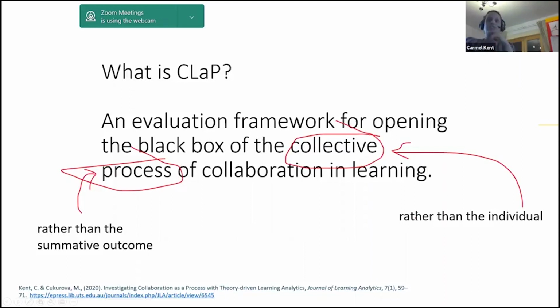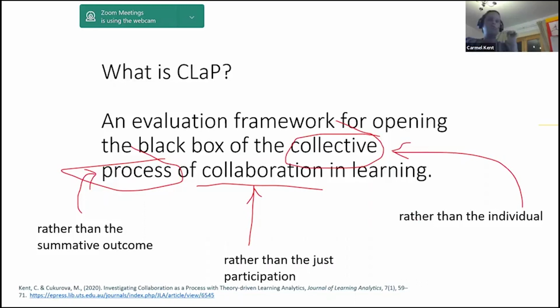Second, we are interested in evaluating learning as a process rather than the outcome, which is of course a very formative point of view to learning. And third, we are trying to understand and evaluate the intricacies and the special nature of collaboration in learning, rather than the simpler construct of mere participation.